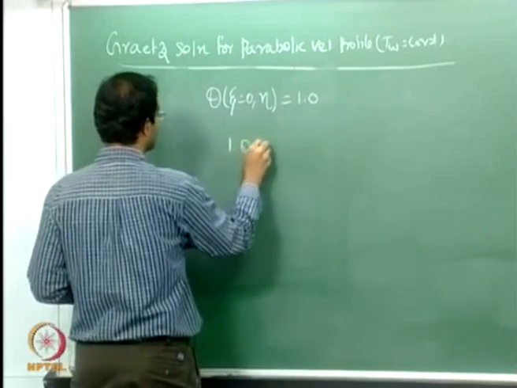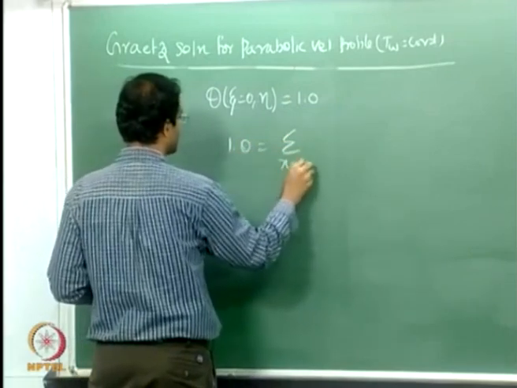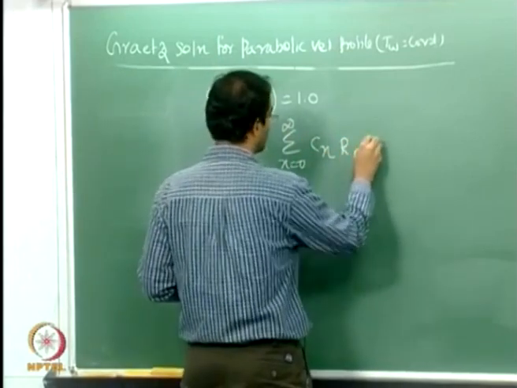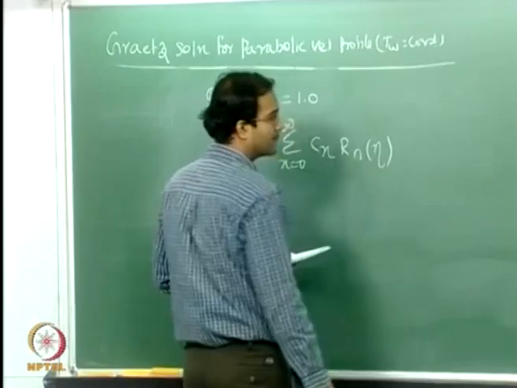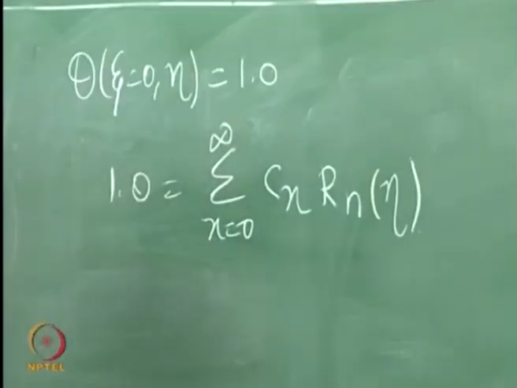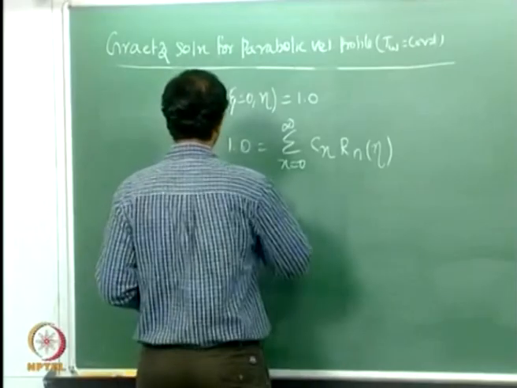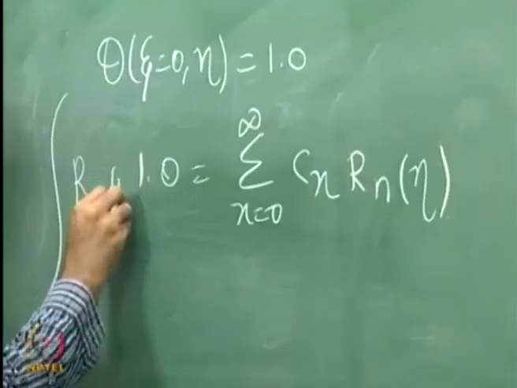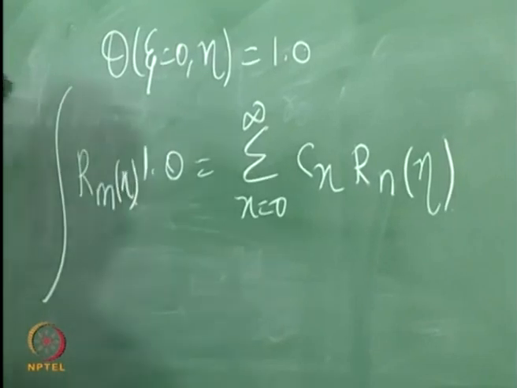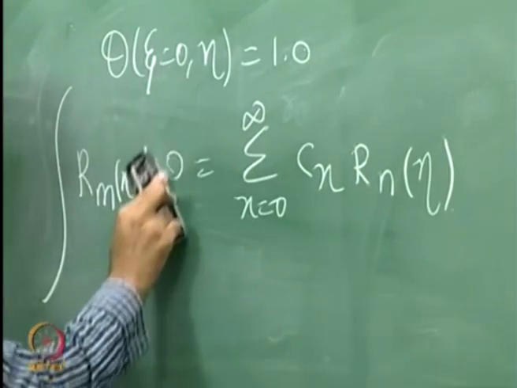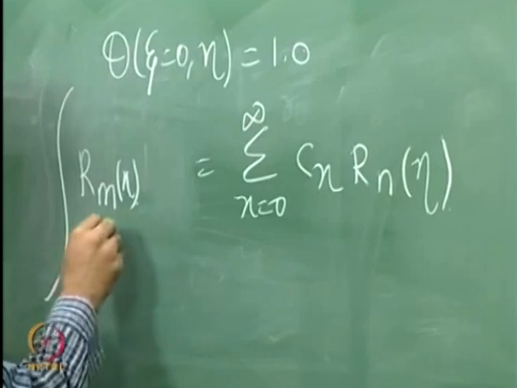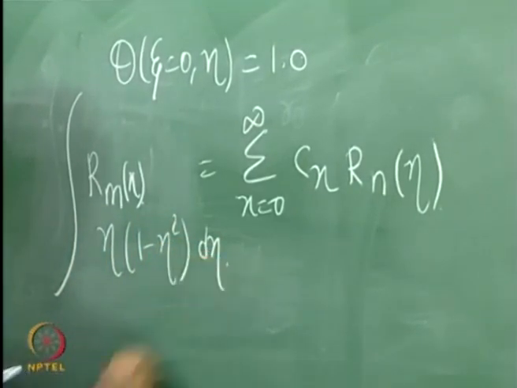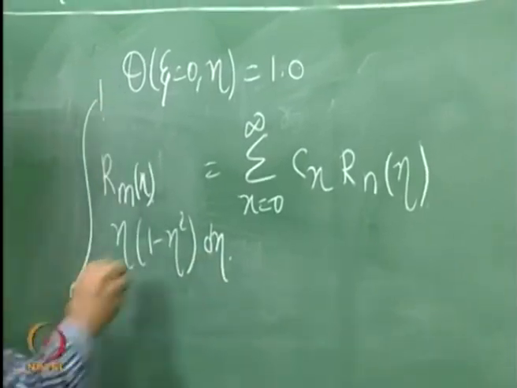Therefore 1 equals summation n equal to 0 to infinity Cn Rn of eta into e power minus lambda n square 0, that is 1. So I can now multiply both sides by Rm of eta and the weighing function. The weighing function is eta into 1 minus eta square d eta, and integrate from 0 to 1.